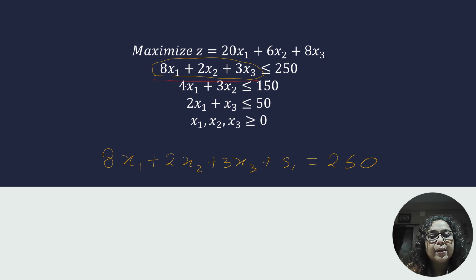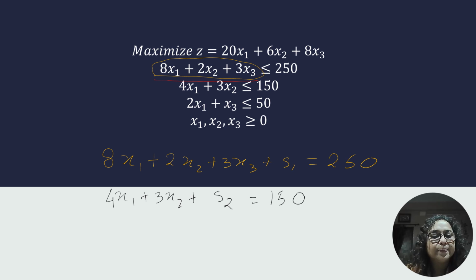In the same way, in the second constraint, let's say S2 is the amount by which this left hand side is less than 150. So we can add this S2. This new variable here, I have added S1. This is known as a slack variable. So I'm going to add another slack variable in the constraint, and we'll get 1x1 plus 3x2 plus S2 is equal to 50.